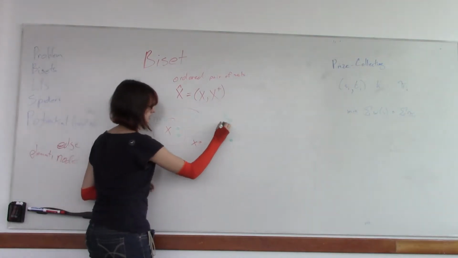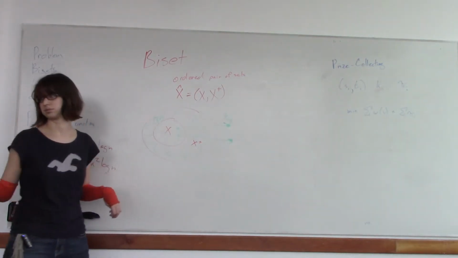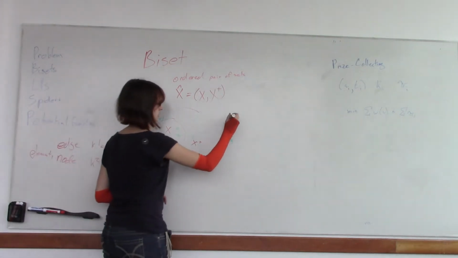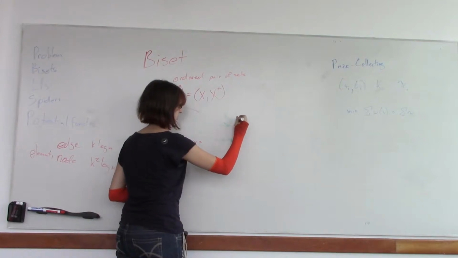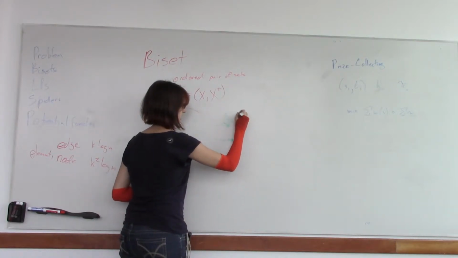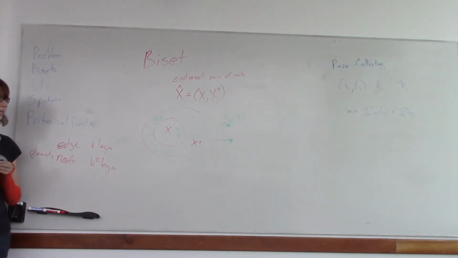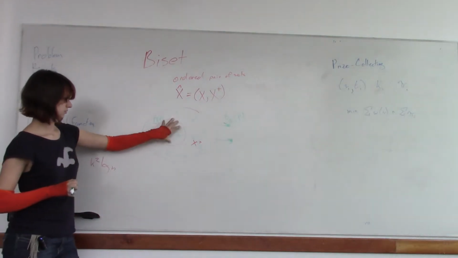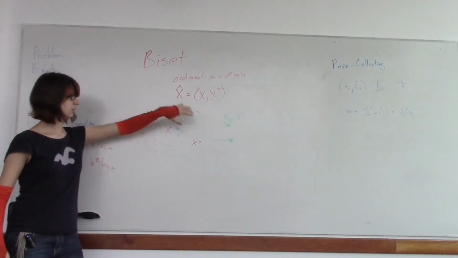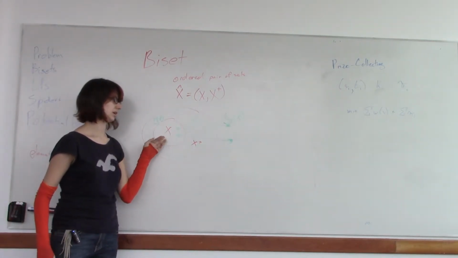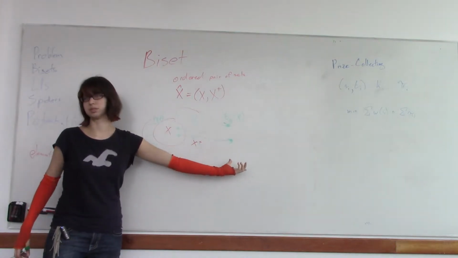We'll be thinking of directed edges, but that only loses us a factor of 2, which we don't care about at this point. So these are the things we care about: the bisets are x, x plus, the boundary, and then the edges which go all the way from inside the biset to completely outside the biset.